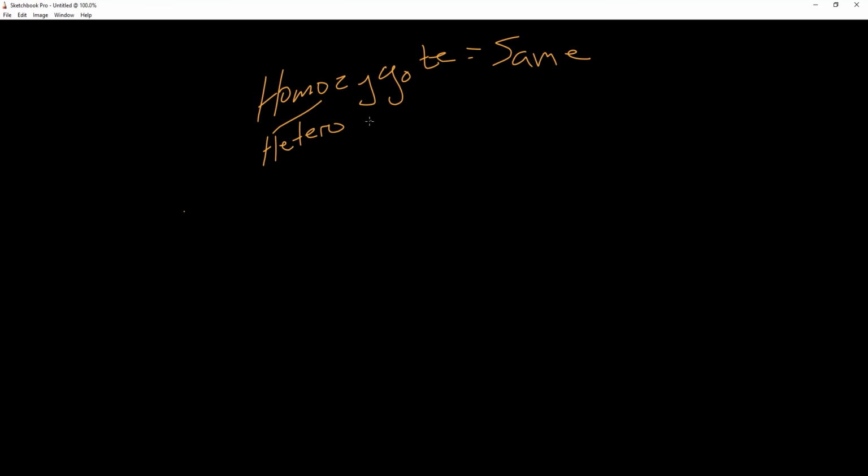So remember that our homozygotes are going to equal the same, right? Because homo. And then if we have heterozygote, that equals variation, right?